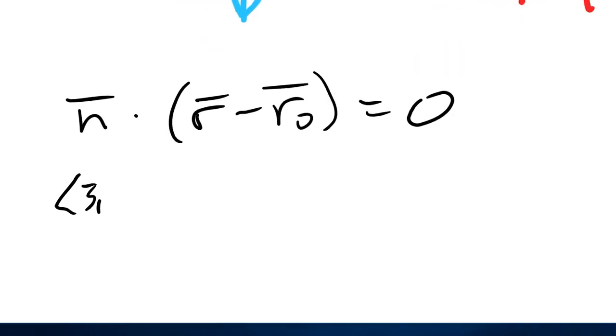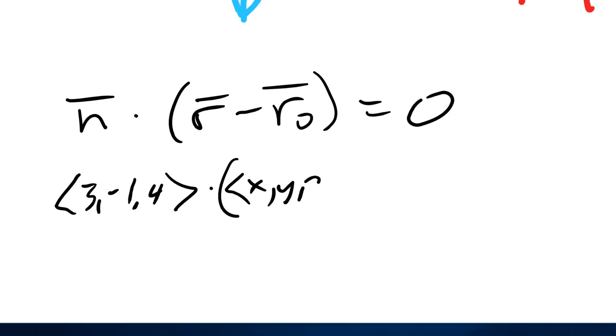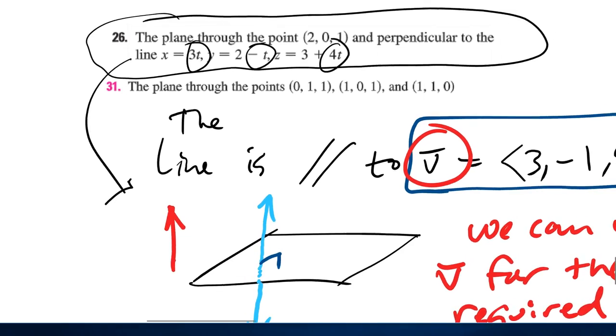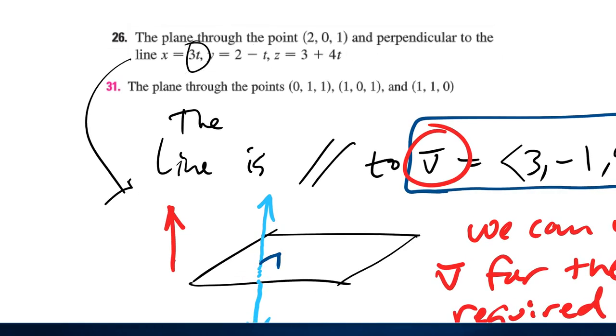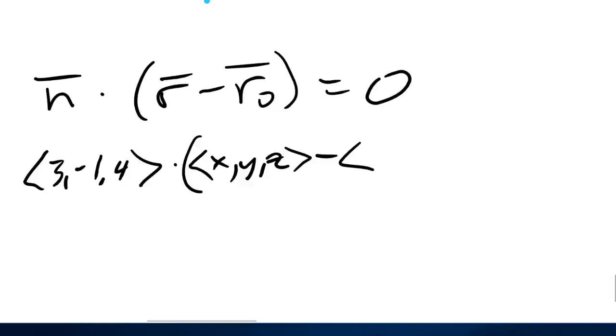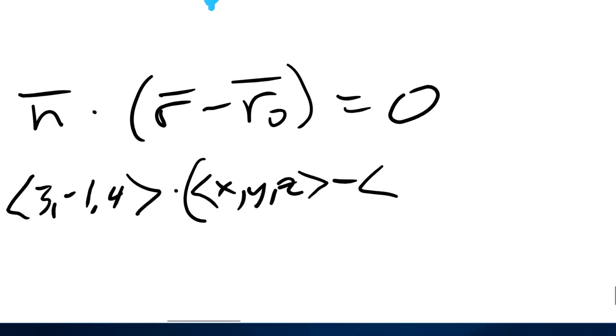R is x, y, z. And then minus r naught. Well, what's the point they gave us? 2, 0, 1. So we pull that out down here. 2, 0, 1. And then this is equal to 0.